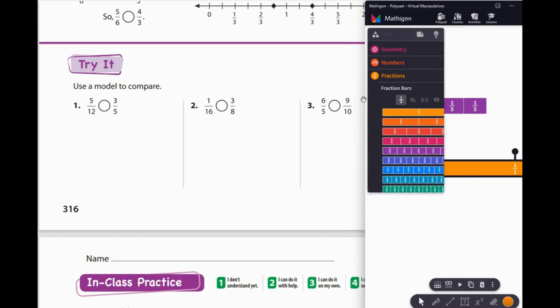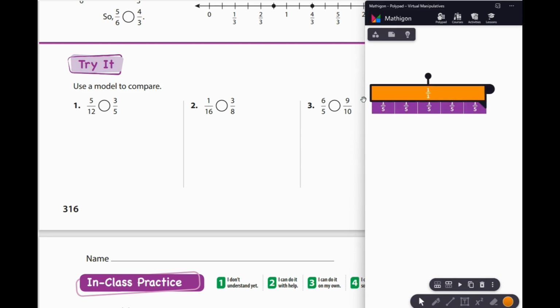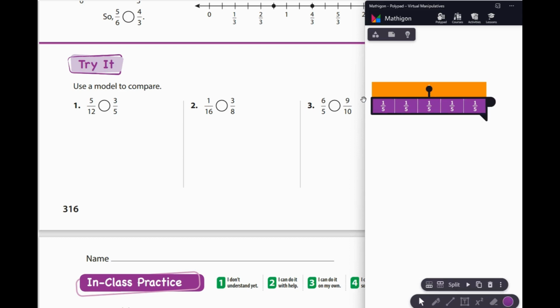What does that look like? It's equal to a whole. Correct. 5/5 is a whole. So 6/5 is greater than a whole.